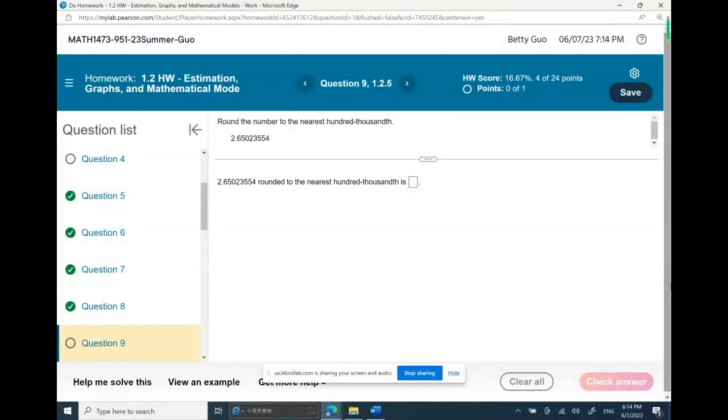This question is a decimal. We are going to round this decimal to the nearest 100,000th. Okay, you tell me please, guys, which digit is the digit we are going to round the decimal at? Which digit has the place value 100,000th?